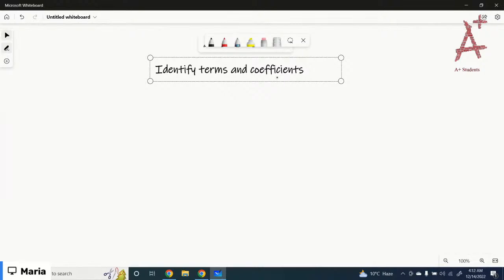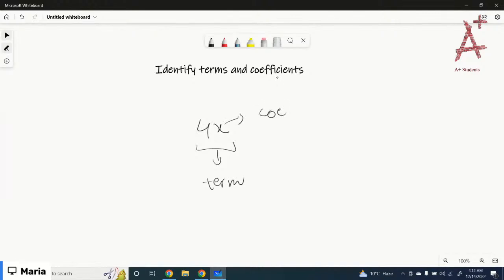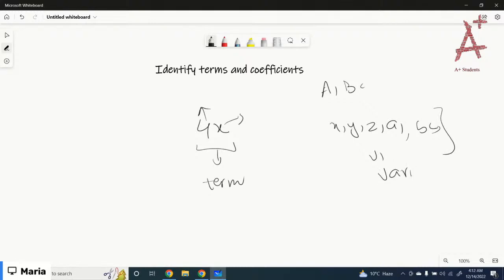For example, you have 4x. That is actually a term. Sorry, x is the variable here. Any alphabets, mostly small letters like x, y, z, a, b, c, they are the variables.